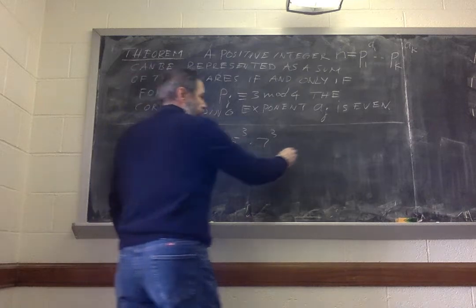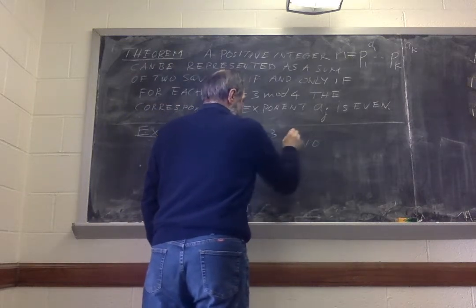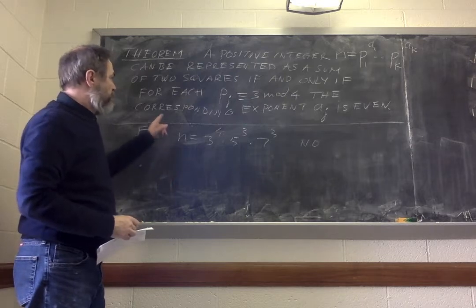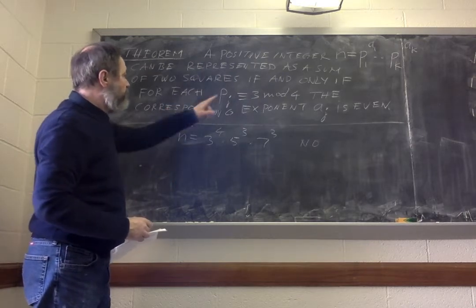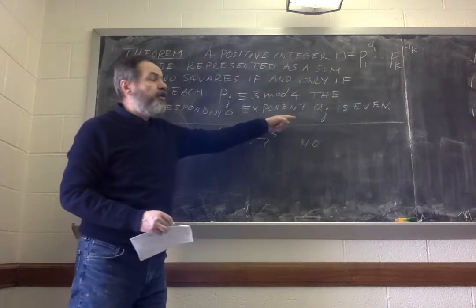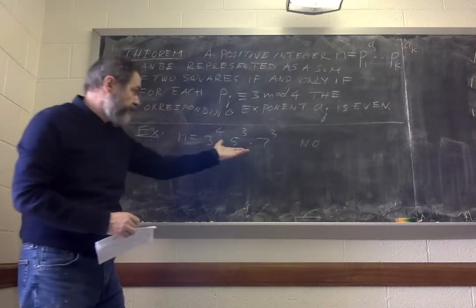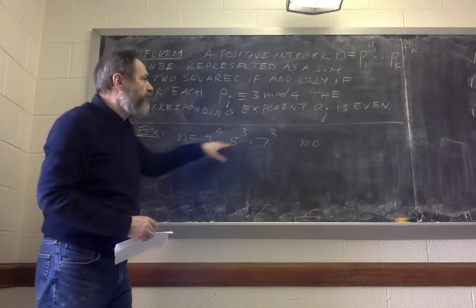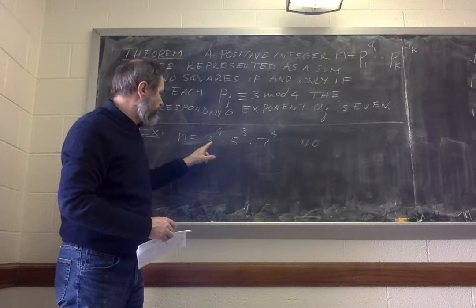And the answer is no. Why? Because it's not true that for each Pj congruent to 3 mod 4, the exponent is even. I have three primes, P1, P2, P3 in this case, 3, 5, and 7.